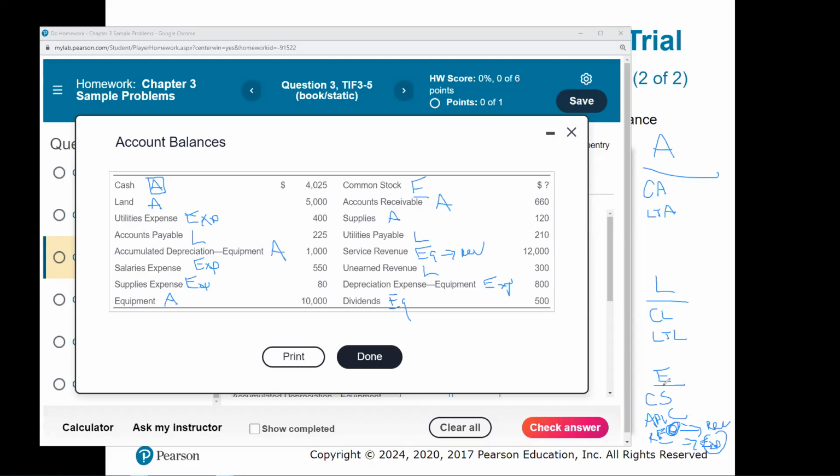So what's the current asset that is the most close to being converted to cash? So cash, yes. So after cash, what's next closest to cash? So accounts receivable, because we've already sold something and we're just literally waiting for them to send us a check. Right? So that'll be our next one. And then if we had inventory, it would be after that, but I don't see that we have any inventory.